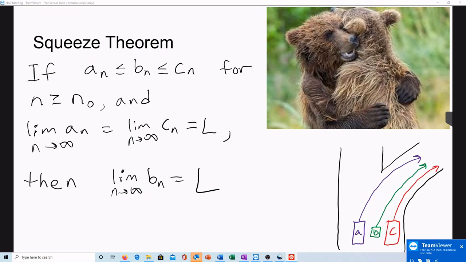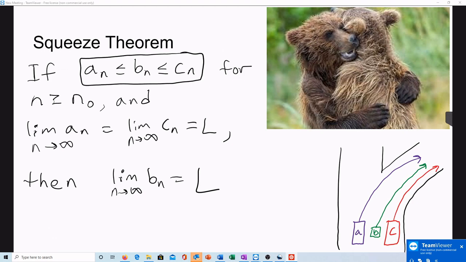Okay, so then the next really nice limit law, and this is important to understand because we have other theorems that are going to be very similar in ideas to this, that are going to help us a lot with doing series tests later. So the squeeze theorem is a theorem that tells you how to figure out the limit of a sequence in a specific situation. So what's the situation? Well, I've got three sequences, A, B, and C here.